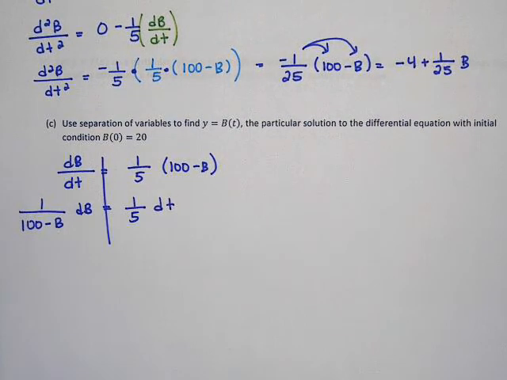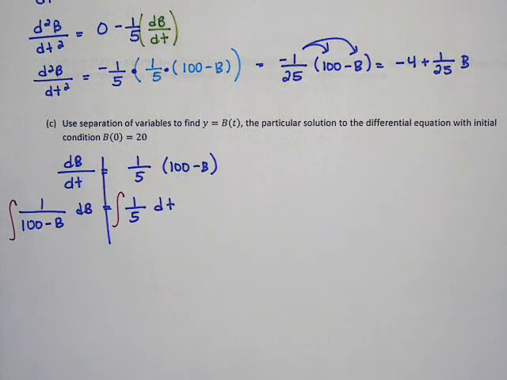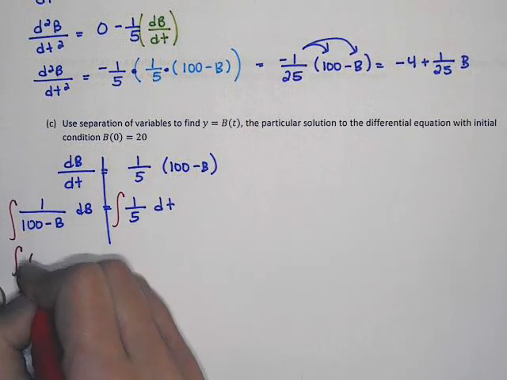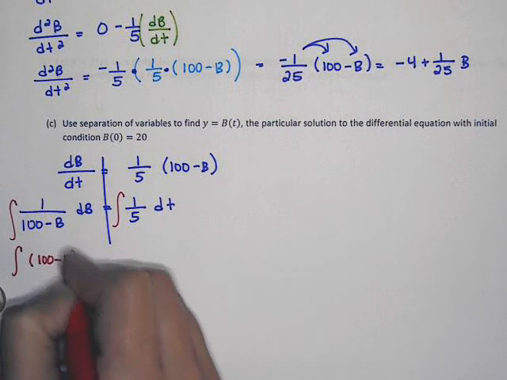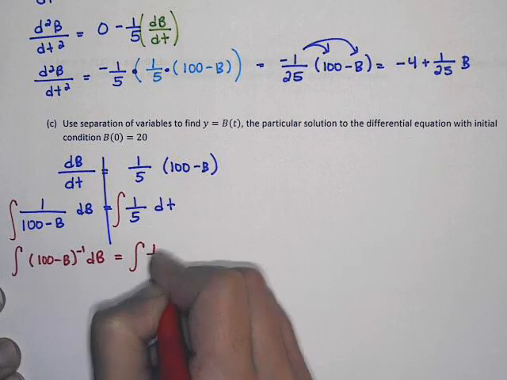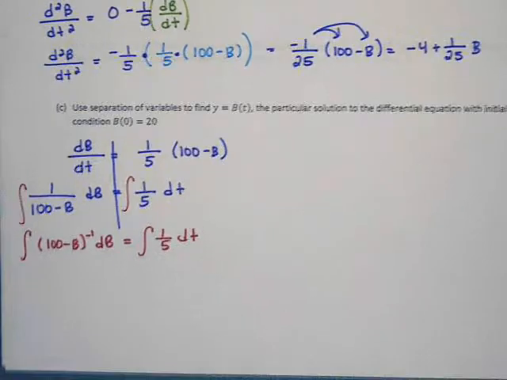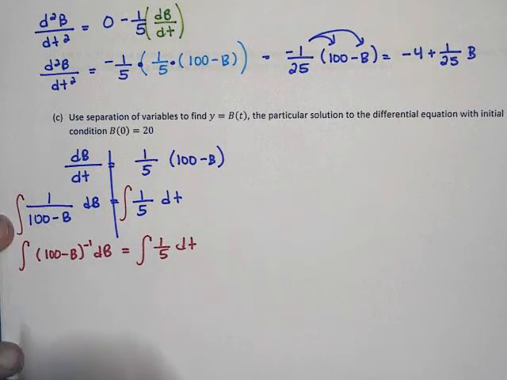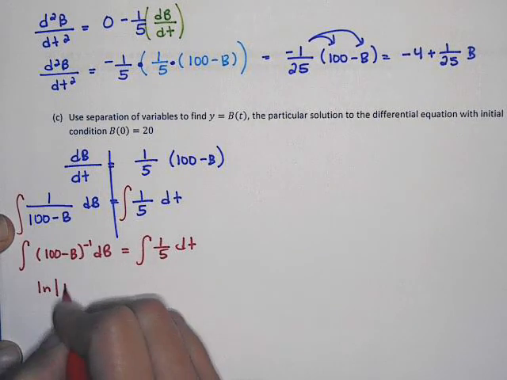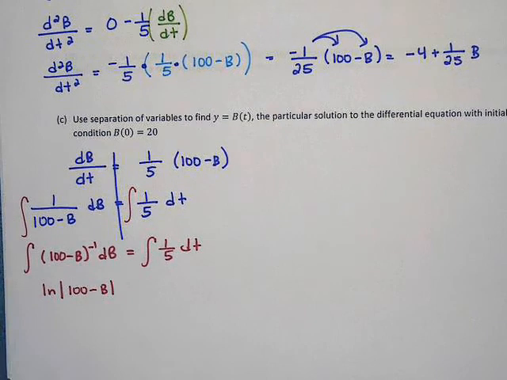Then I'm going to do the antiderivative on both sides. Now, I usually find it helpful to rewrite this with a power. But I also remember that there was a special rule for when our power was -1. It told us we needed to use the natural log of the absolute value of our function as part of our antiderivative.